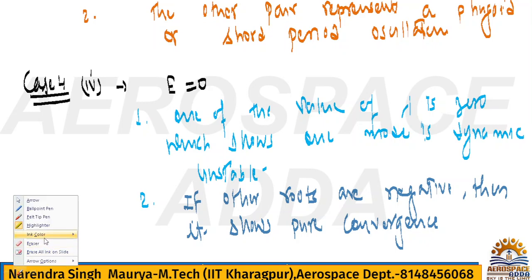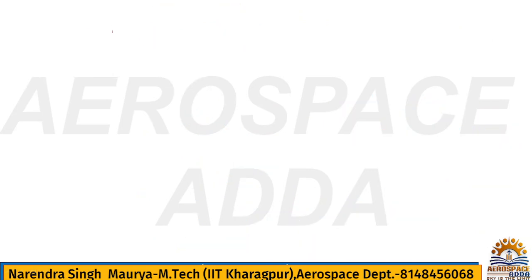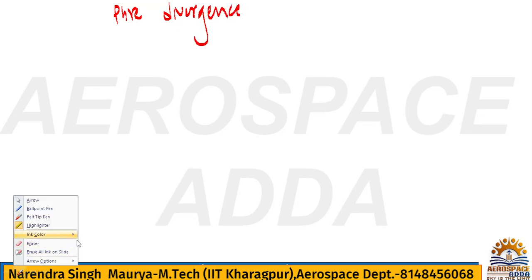And the third point is, if other roots are positive, then it shows pure divergence.